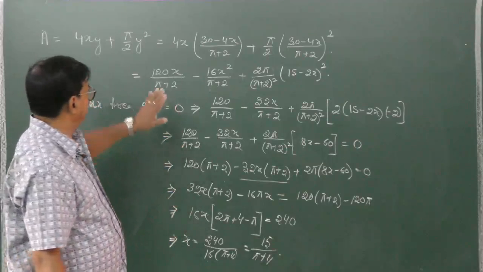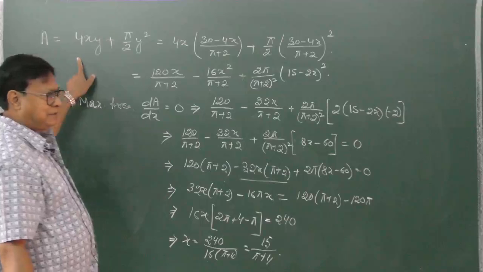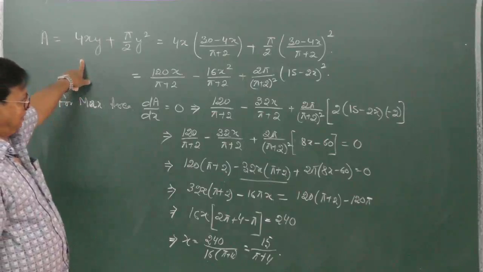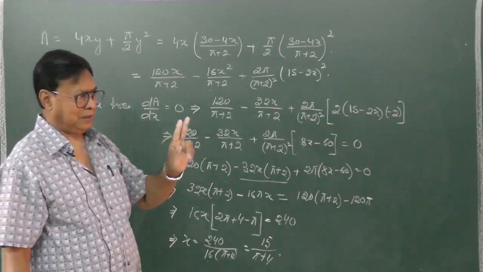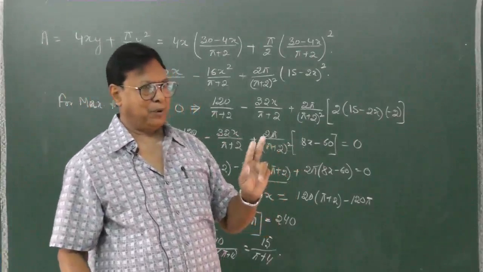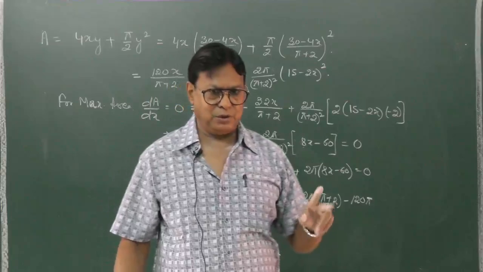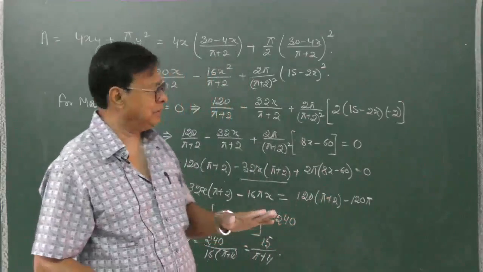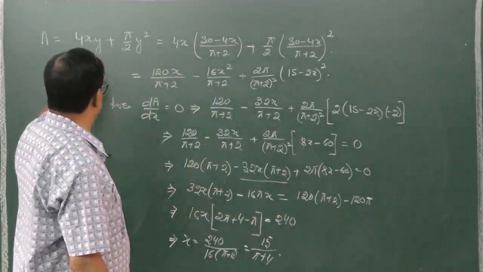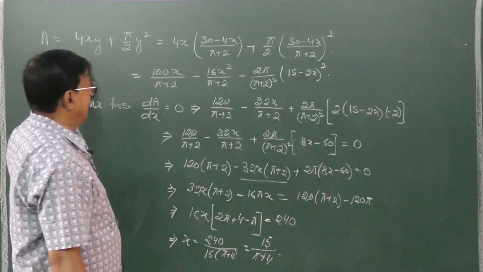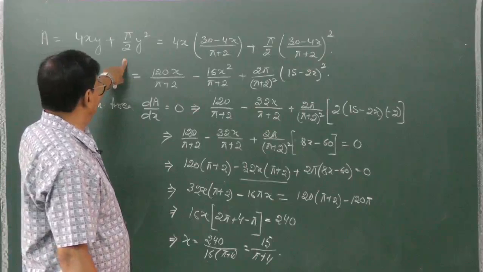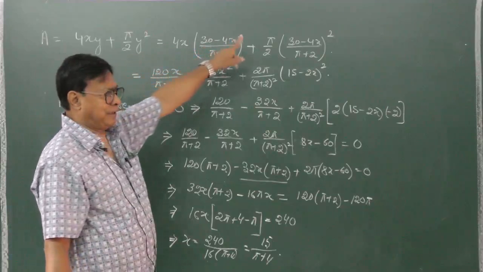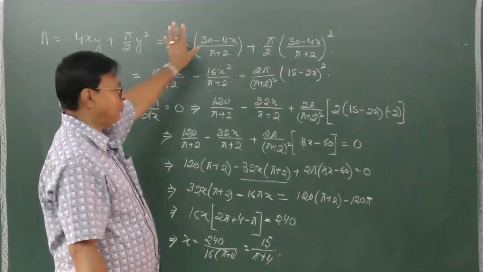Now repeat again. We got the equation in x, or to begin from the beginning, I have taken x and y as the two lengths. I have brought y in terms of x. You can bring x in terms of y, whatever it is. After that, I got the area. Area is the area of the rectangle plus the area of the semicircle. Changing y in terms of x, because we have to have only one variable.